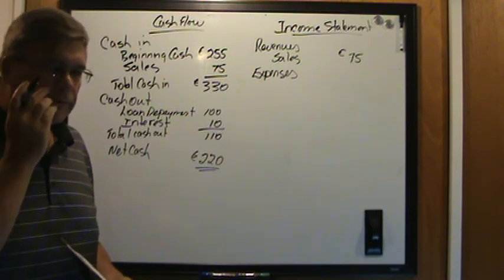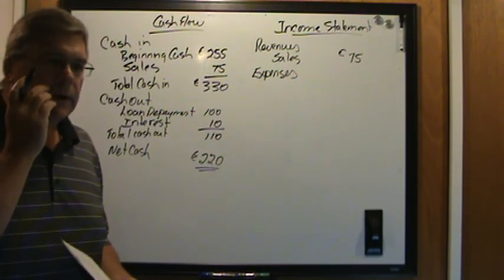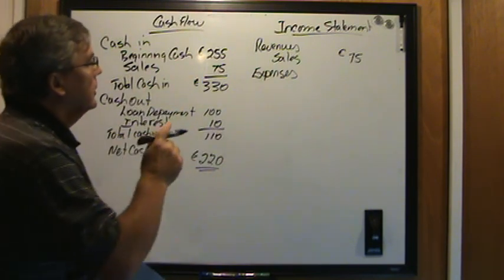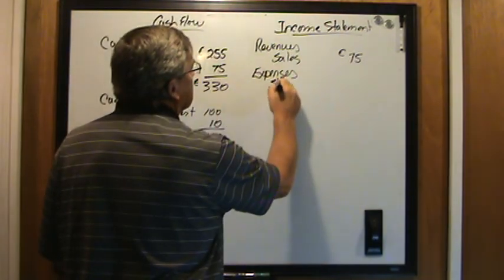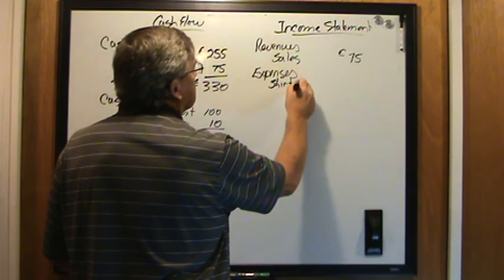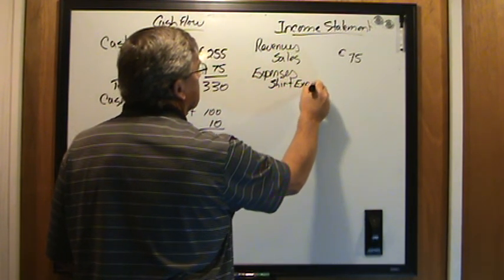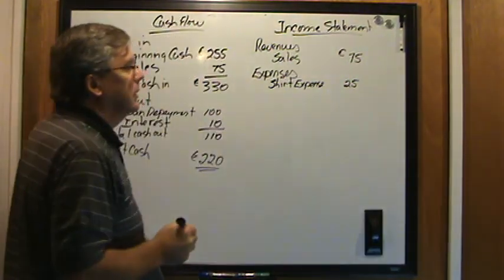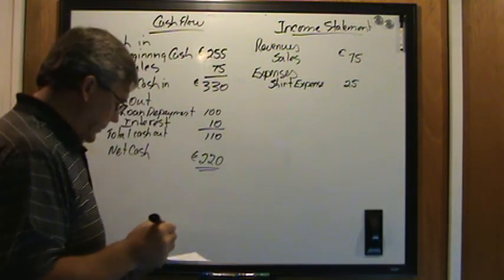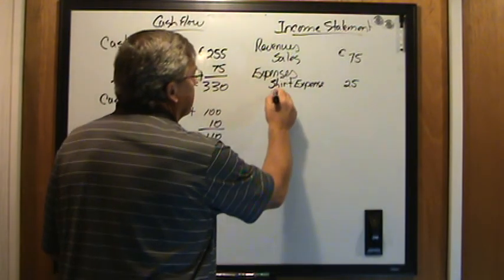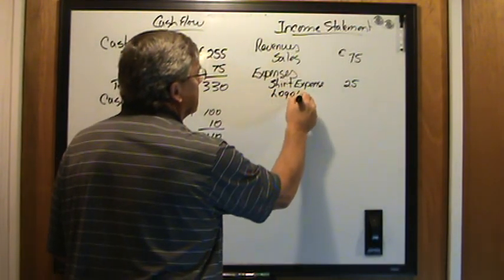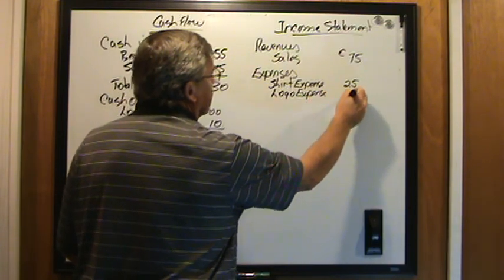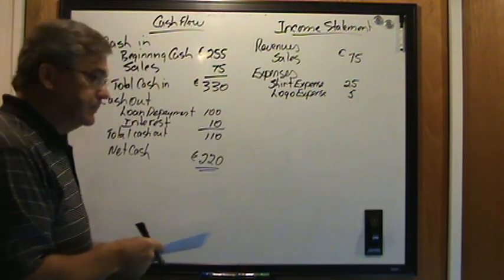We sold 5 shirts. The original cost of those shirts was 5 euros each. So we have 25 euro shirt expense. The logo expense for 5 shirts was 5 euros.